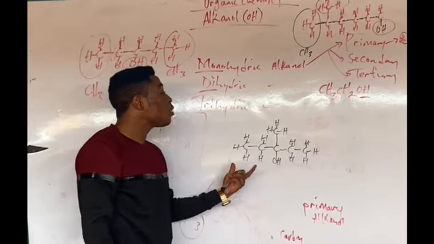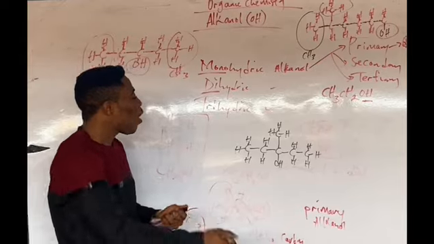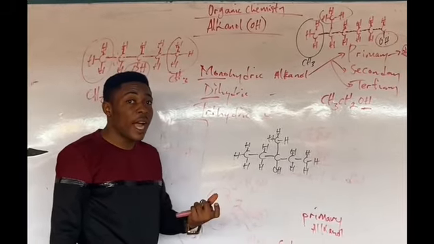So if you start counting from either side, no problem. Now, where is the functional group here? Where is the hydroxy group?